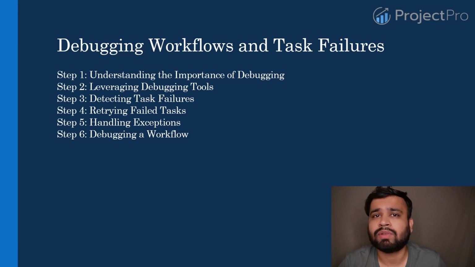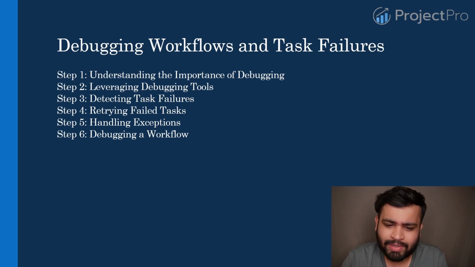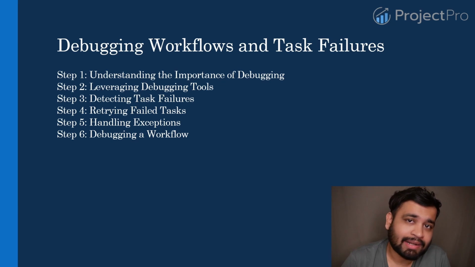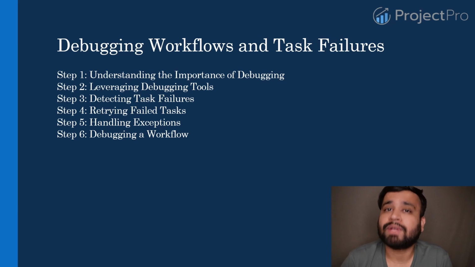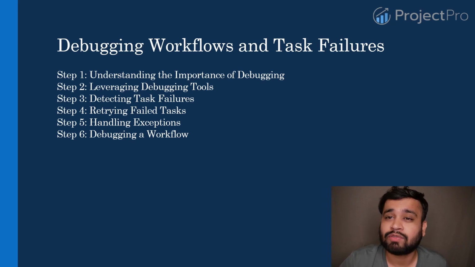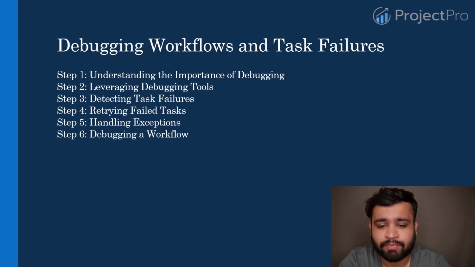It can be due to the API not being available at that time, connection issues, and so many more. So you can retry some failed tasks to see if they succeed or still have issues, because some issues can be resolved with retries. Handling exceptions is also a very important task to do.